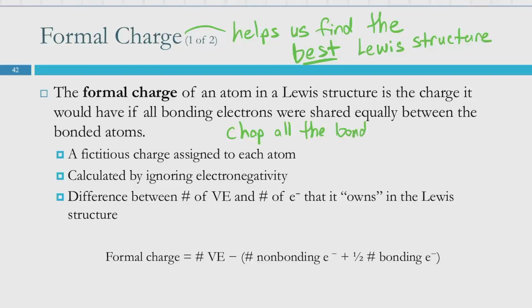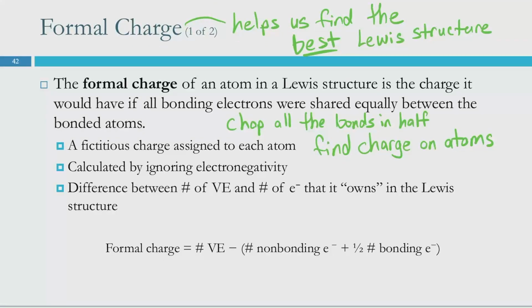So chop all the bonds in half. Find the charge on the atoms. So this is a made-up charge that's assigned to each atom. We ignore electronegativity, so we're assuming that bonds are all shared equally. And the formal charge, our fake charge, is the number of valence electrons.